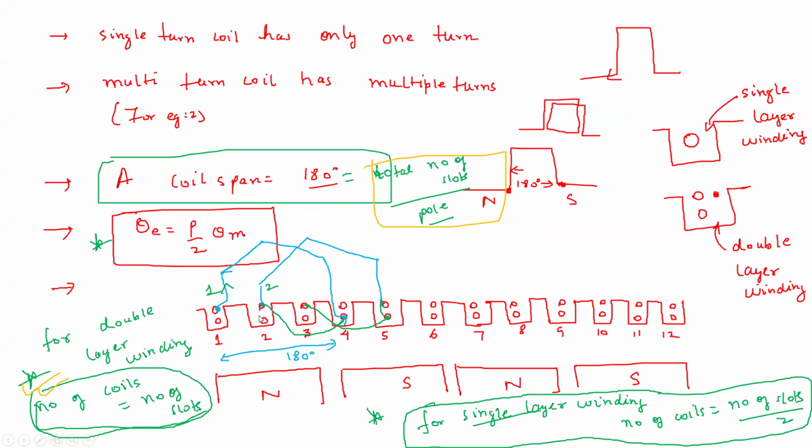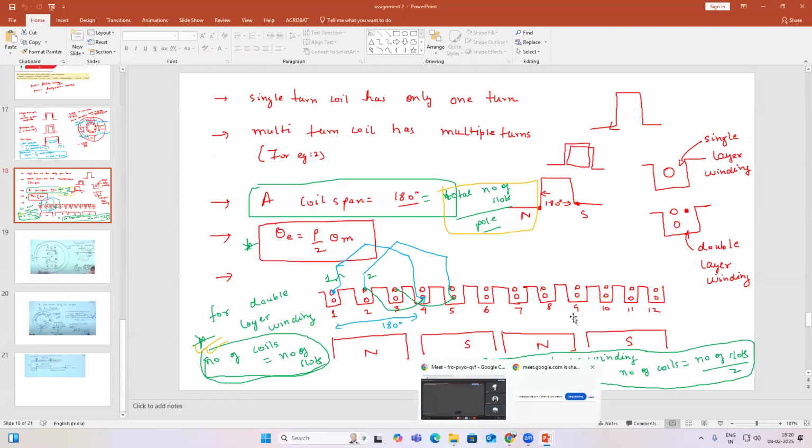So in each of the slots you can accommodate two coil sides. If this is the starting end, it will end somewhere, but then again another coil is starting from something and ending here. So in this kind of double layer winding, the number of coils is equal to the number of slots. For single layer winding, the number of coils is equal to the number of slots by 2.